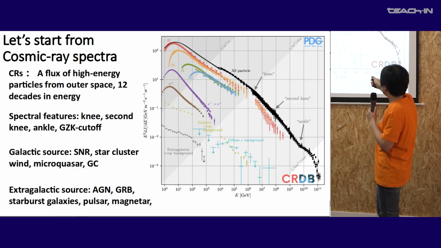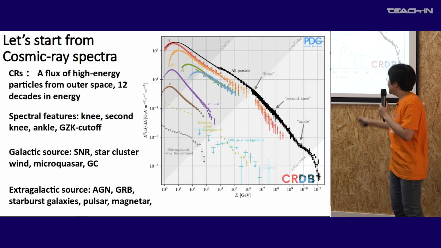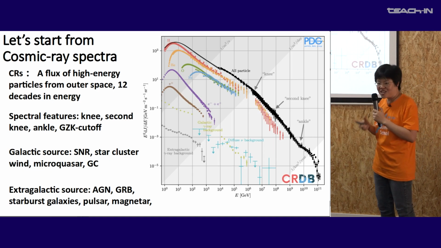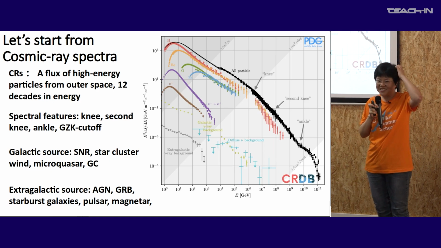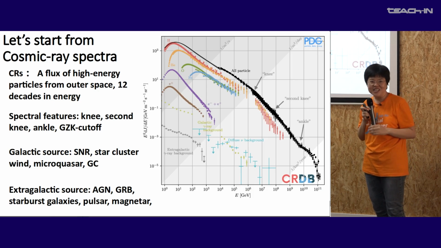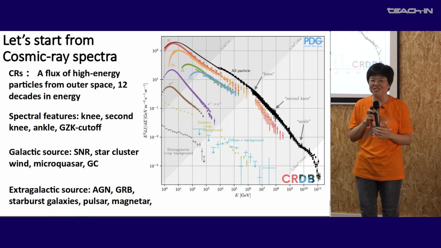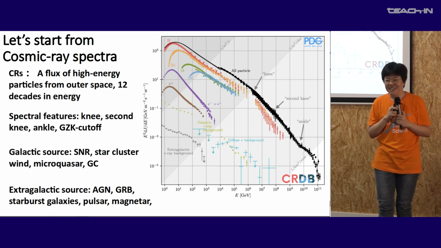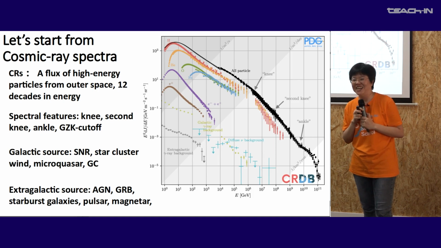And then later, you see from here, something around 3 PeV, to a certain point here, the spectrum index looks like it's going steeper, and the photon index goes from 2.7 to 3.3. Then what happened? Give a guess.